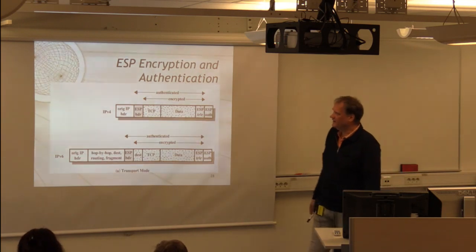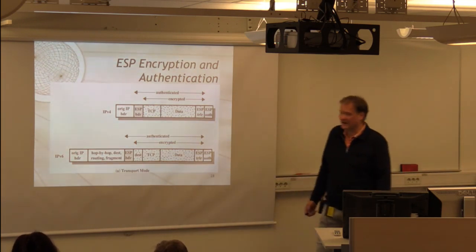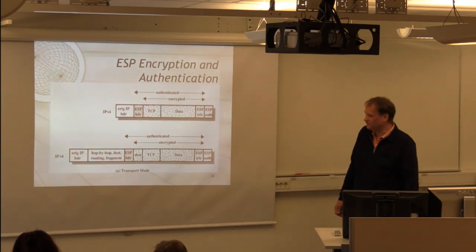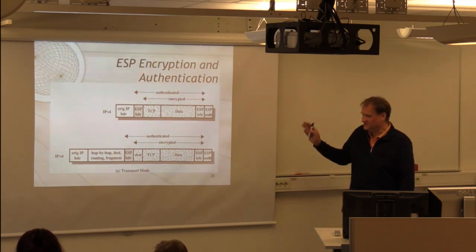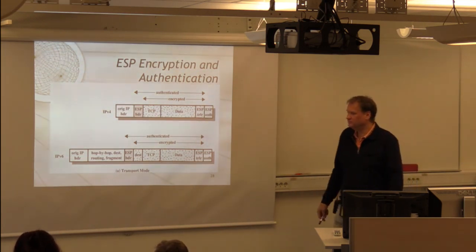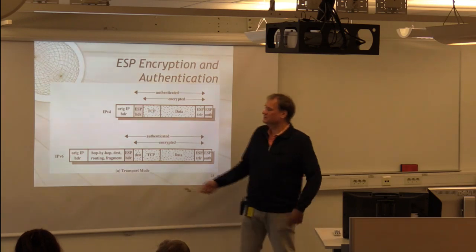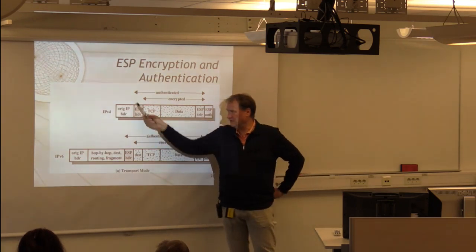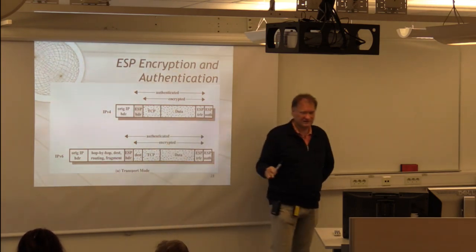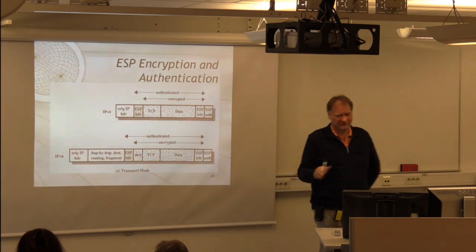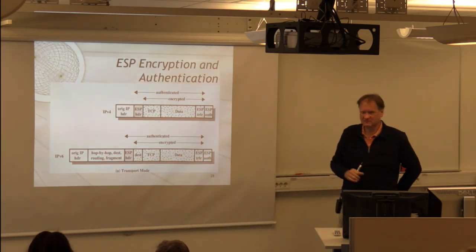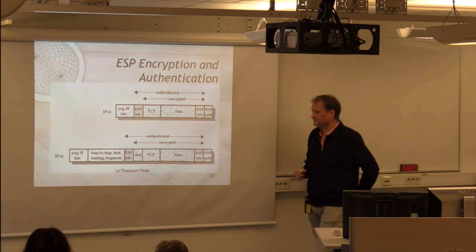So now again we have ESP with encryption and authentication. So here we do both. This is now transport mode, which means that we have an original IP header and we don't change that. We don't even authenticate it. So that is left untouched.